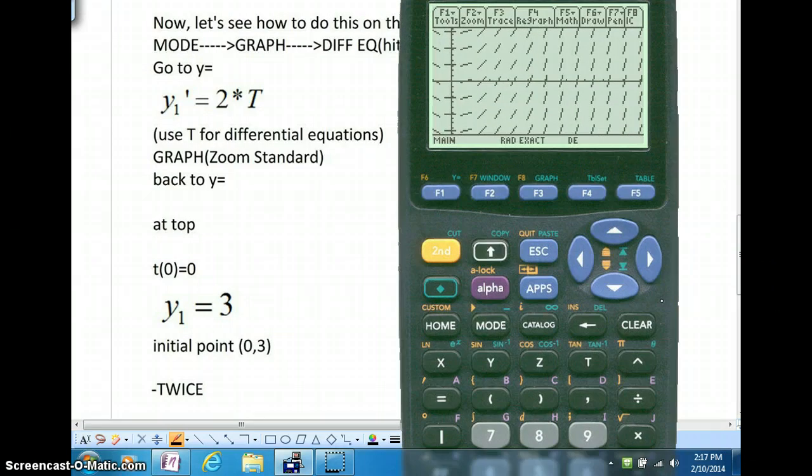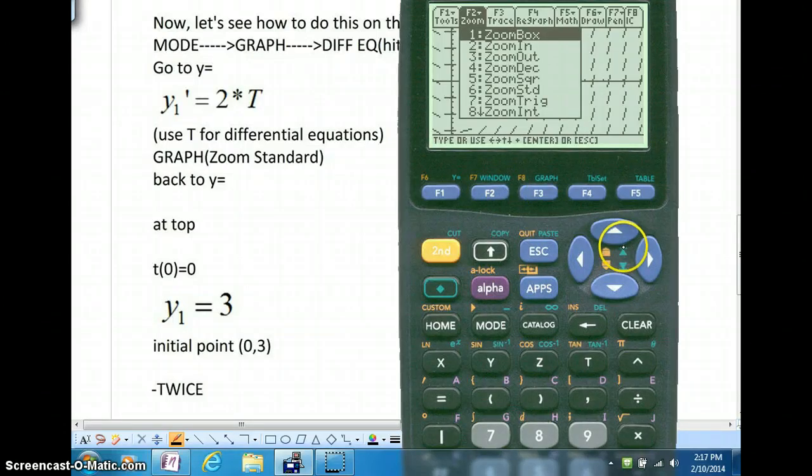That is unexpected. I had it graphed before. You can always change your window, but you can see what's happening. It's graphing your slope field for you. Now, wow, you hit Zoom Standard and it's changed that. I'm honestly a little surprised. Let's see if we have a Zoom Previous somewhere. I'll be honest with you, I'm having trouble finding that. You could always change the window if you'd like.